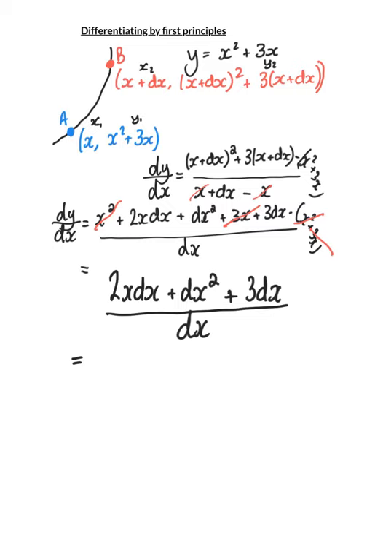When I divide 2x dx by dx, I get 2x. When I divide dx squared by dx, I get dx. And when I divide 3 dx by dx, I get 3. So my dy by dx at this point is 2x plus dx plus 3.